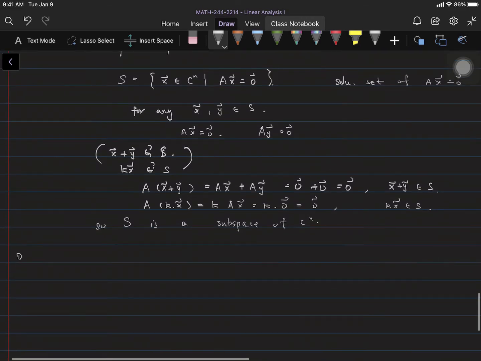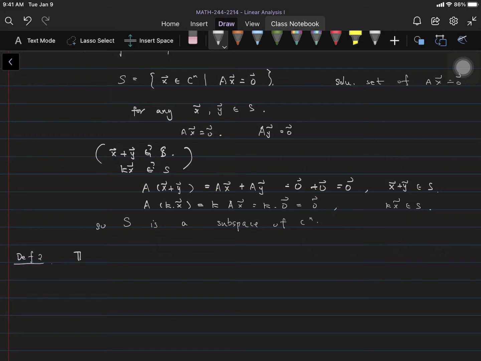We have a definition. All the solutions to the homogeneous linear system form a subspace, and in the last theorem this subspace is called a null space.